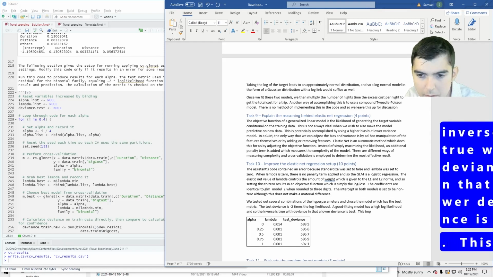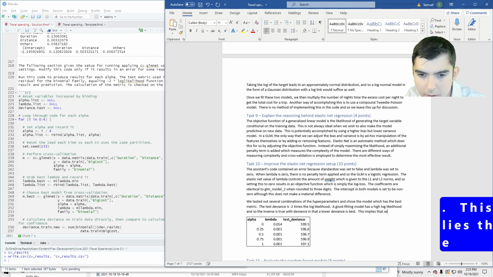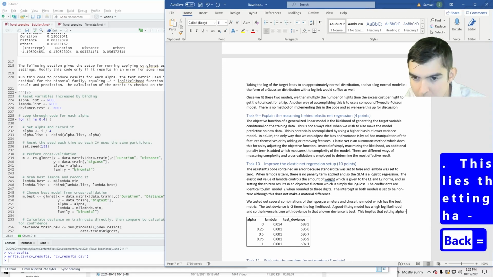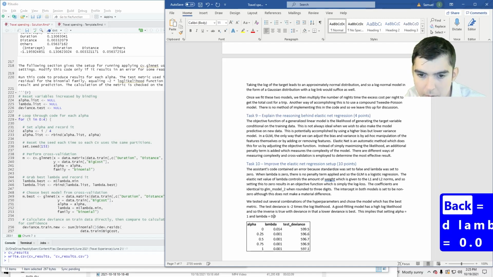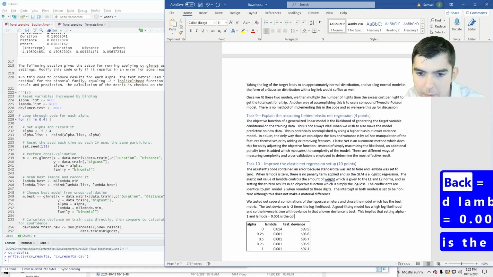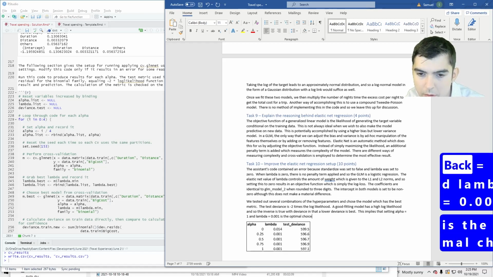This implies that setting alpha equal to 1 and lambda equal to 0.001 is the best optimal choice.